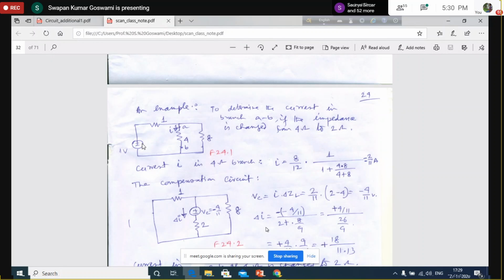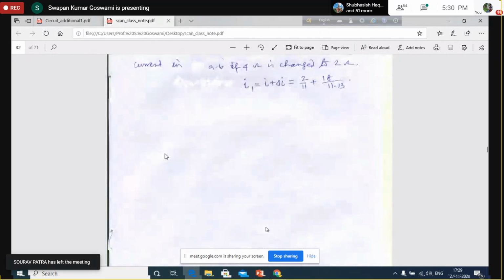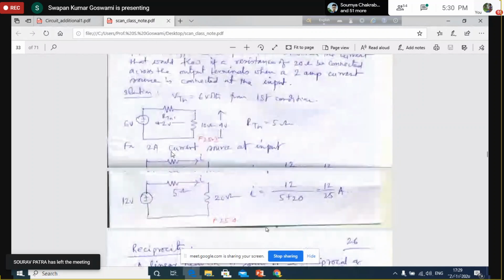Is it clear? That means a network where you can change the position of the source and response is known to be reciprocal. Okay, this is the reciprocity theorem. This is the statement.